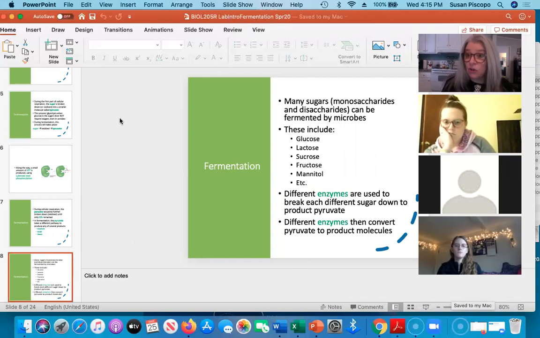The other thing to know is that glucose is not the only sugar that microbes can ferment. And you already knew this. If you remember back to our special media lab when we looked at that EMB agar, the eosin methylene blue agar.